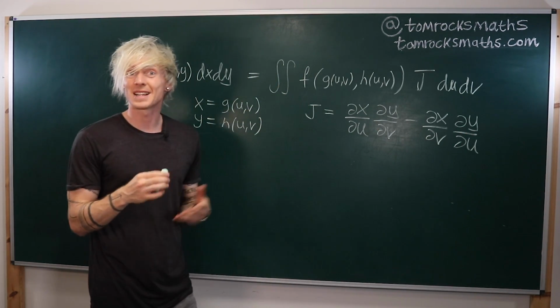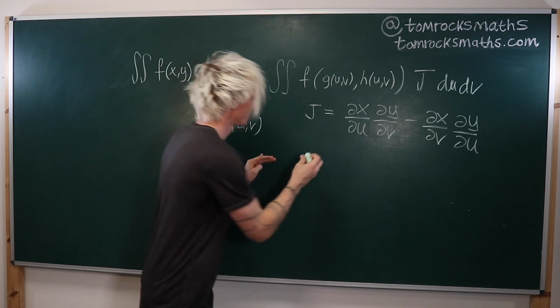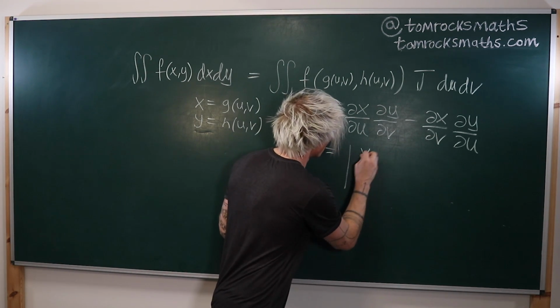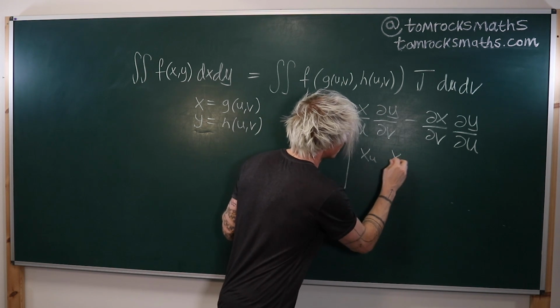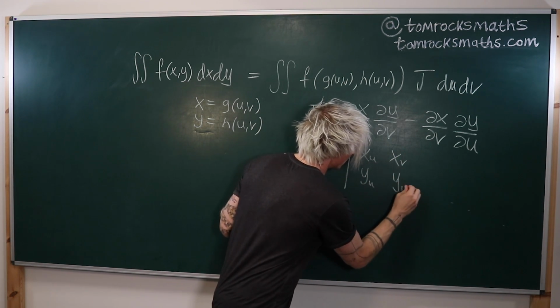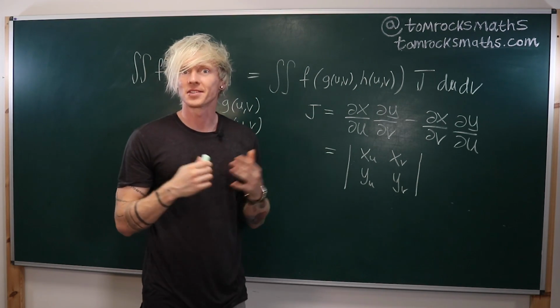And if we want to express that as a determinant, you can say this is equal to the determinant of the matrix, where you have xu, xv on the top, and yu, yv on the bottom.